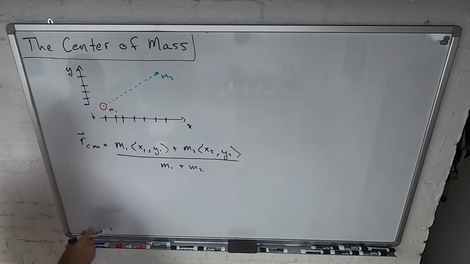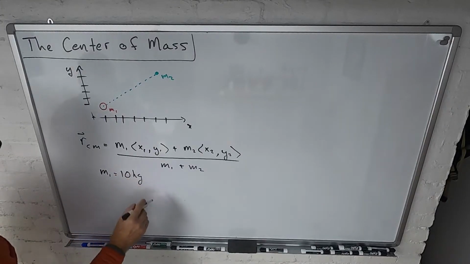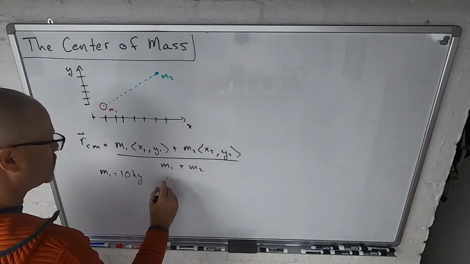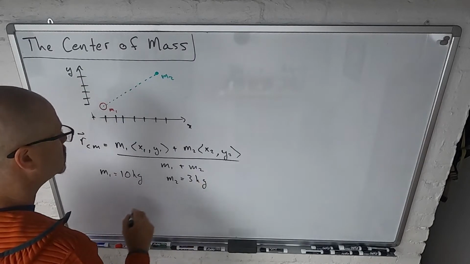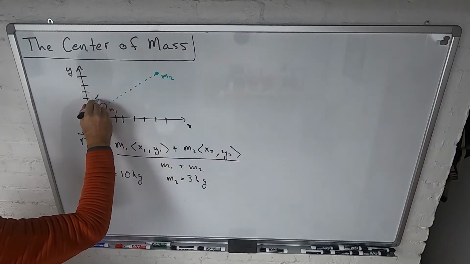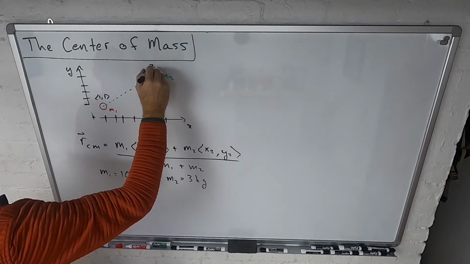And if we put in some values, let's say mass 1 is equal to 10 kilograms, and mass 2 is equal to 3 kilograms. My positions here are 1, 1, and 7, 4.